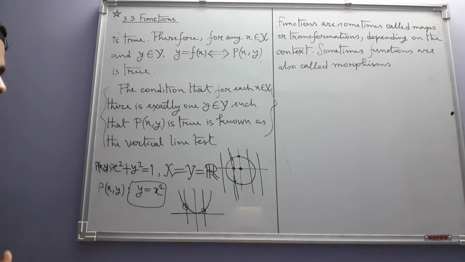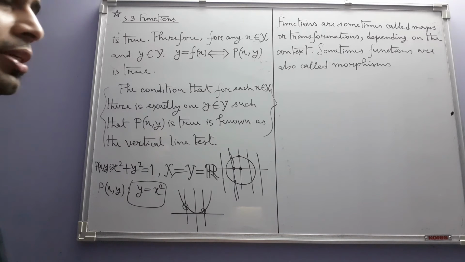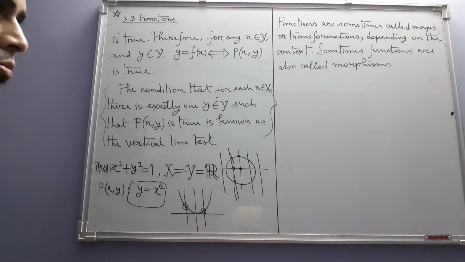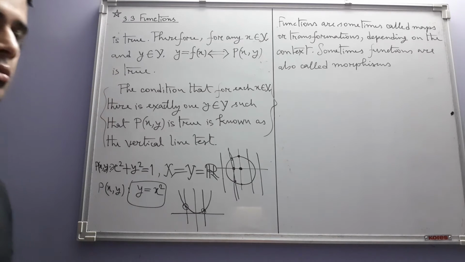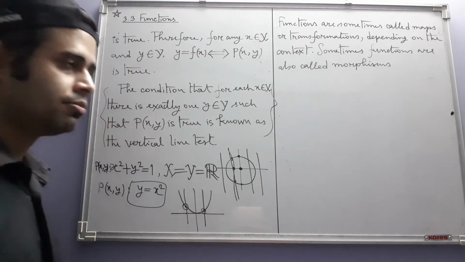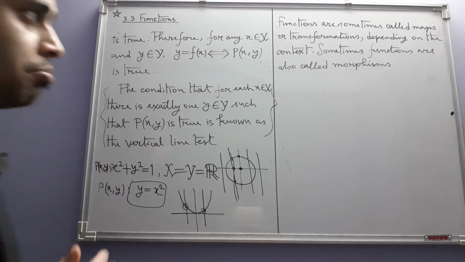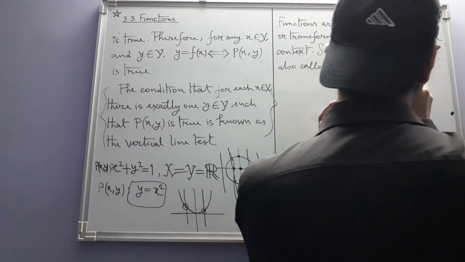Okay, this also comes from algebra, but in every field there are structure preserving maps. We will see what they mean. They are known as morphisms. For example, in algebra we have homomorphisms. In topology we have homeomorphisms, but here is the thing.